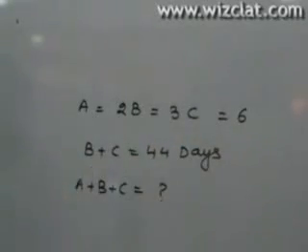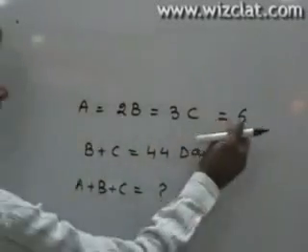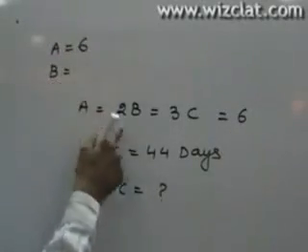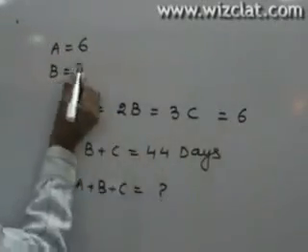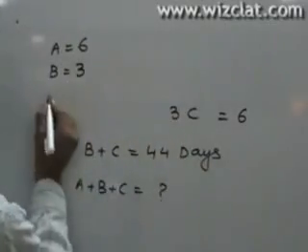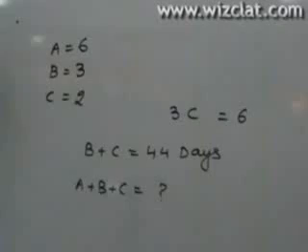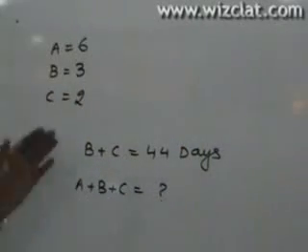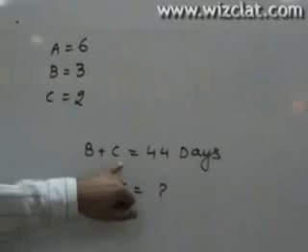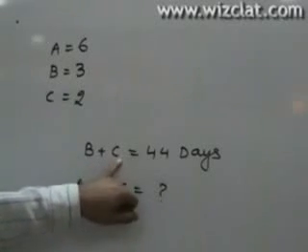Which means, if I say A's efficiency index is 6, then the efficiency index of B will be what? 6 upon 2, that is 3. And the efficiency index of C will be what? 6 upon 3, that is 2. Now, look at the whole question. I am not concerned about the person's name. Instead of B and C, had they been X and Y, the answer would not have changed.